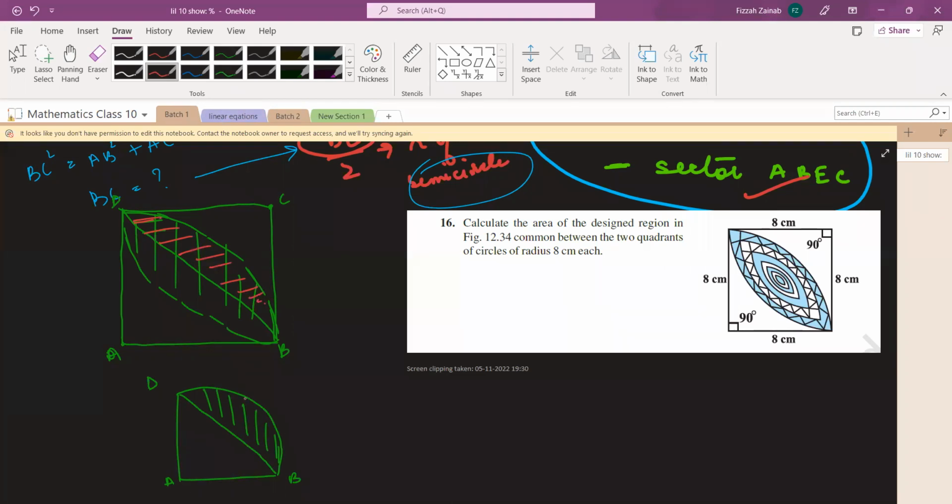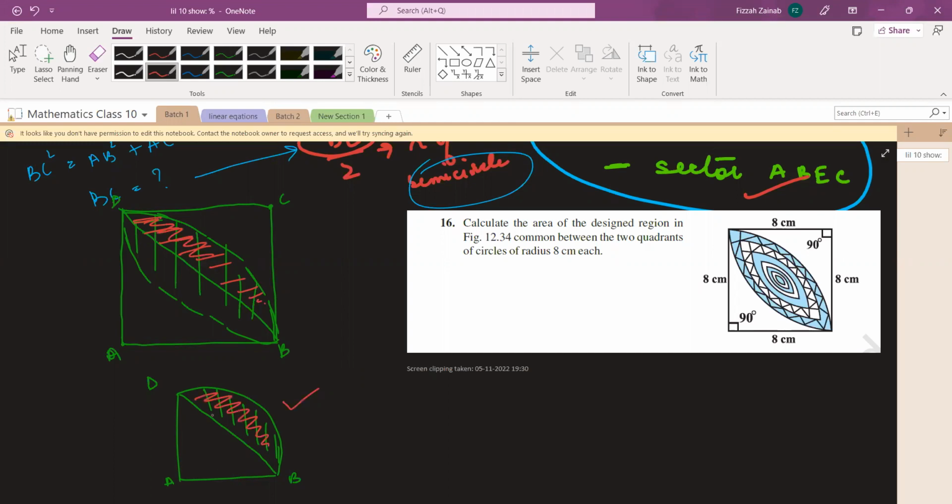Do you understand this figure? I've just drawn one quadrant. This red area and this red area are the same. I've just drawn a part of this figure here.